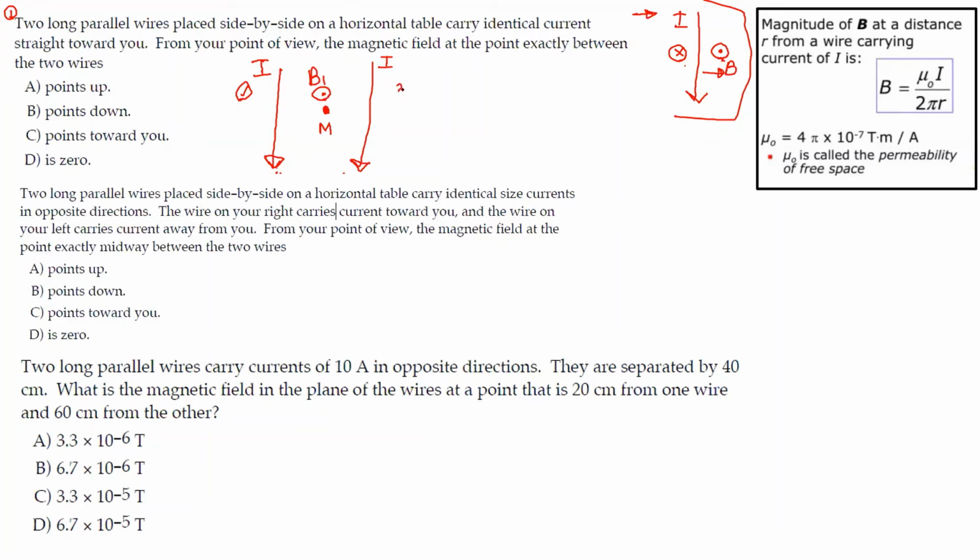Now let's go to the second wire. Point M, this midpoint, is at the left hand side of the second wire. Can you see that it's at the left hand side? Here is my reference diagram. We know at the left hand side, it is going into the plane.